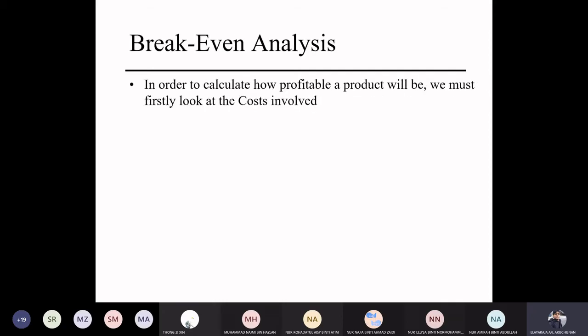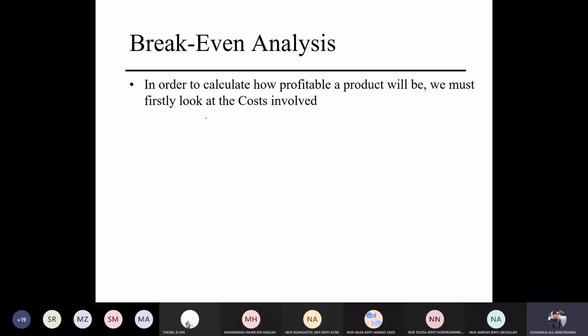In order to calculate how profitable a product will be, firstly we have to look into the costs involved. This is what you need to take into account every time you do a business. Say you're selling a product.